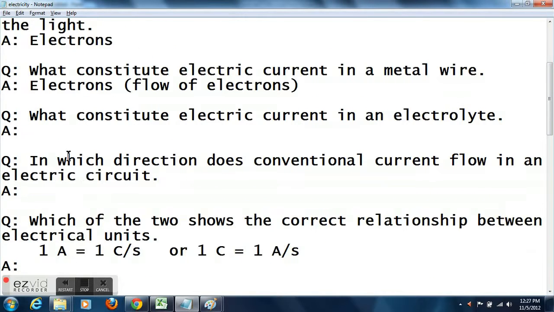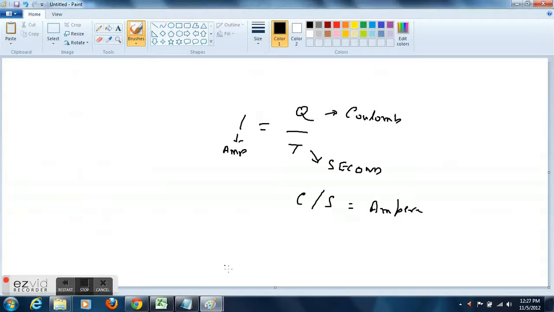Next question. What constitutes electric current in an electrolyte? It is ions. Because in an electrolyte it is not the electrons, it is the ions which flow, and because of the flow of ions, electrolytes can conduct electricity.